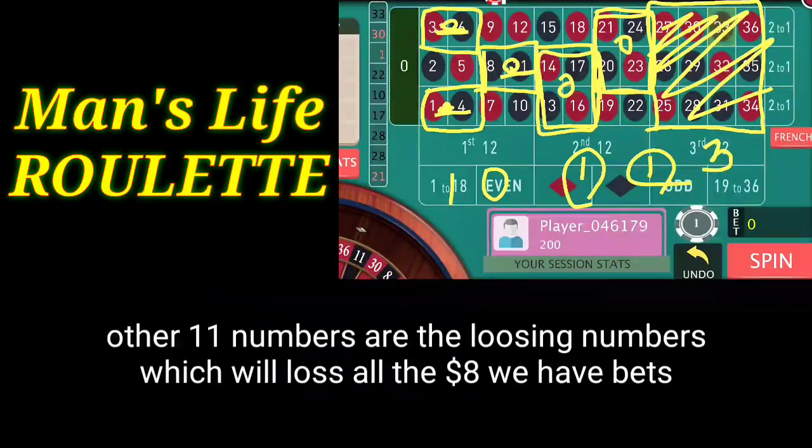And only these numbers, 2, 5, 9, 12, 7, 10, 18, 15, and 19 and 22, including 0, 11 numbers, lose.